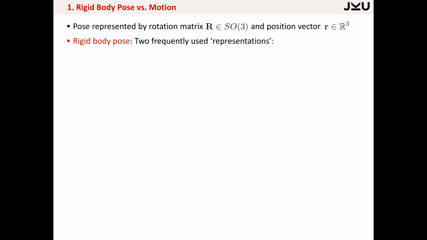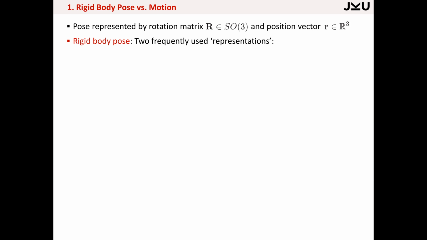The rotation is usually represented by a rotation matrix, and the position by a position vector. The first one is an element of the so-called special orthogonal group in 3 dimensions, SO(3), and the other one is just a vector in R3.